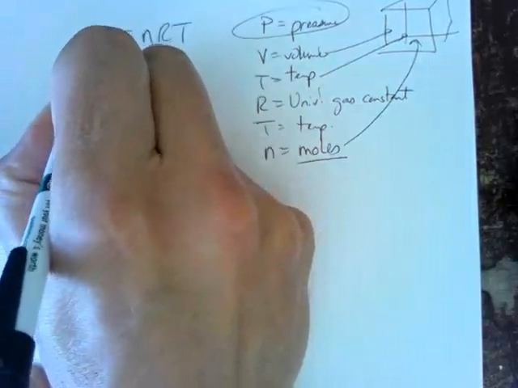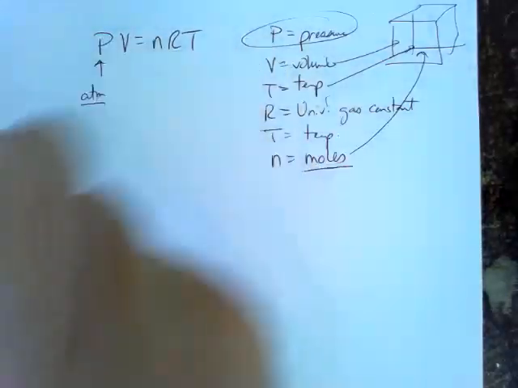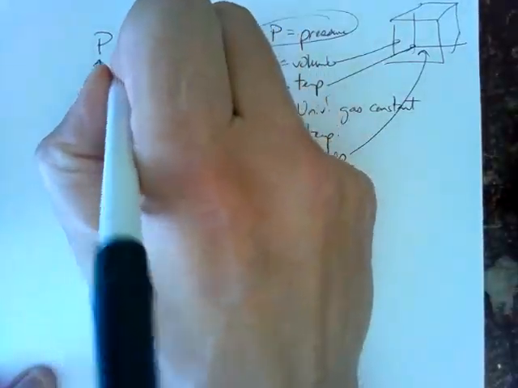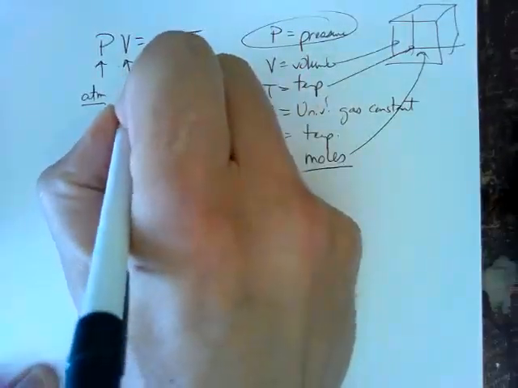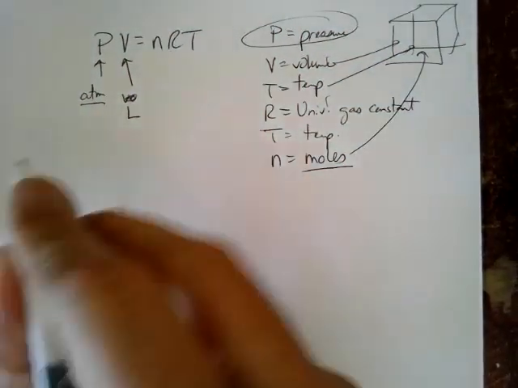Pressure, one of the common units of pressure is atmospheres. So you might hear about atmospheric pressure. So we use atmospheres to measure pressure. V is the volume, and that's often given in liters.